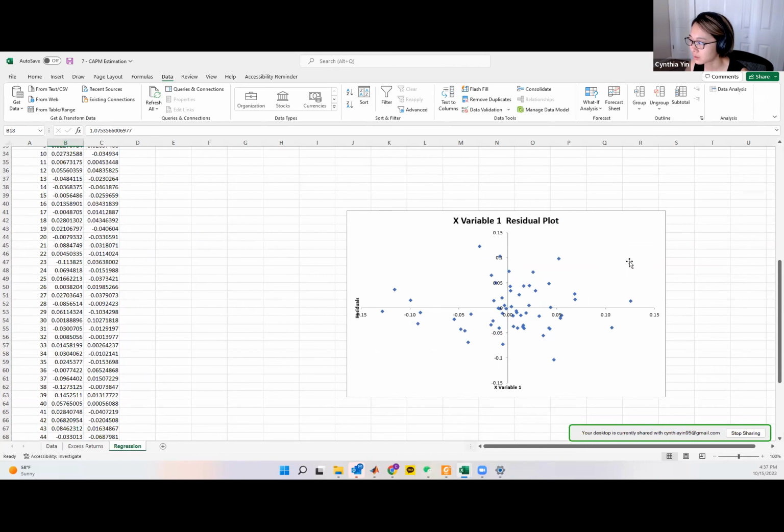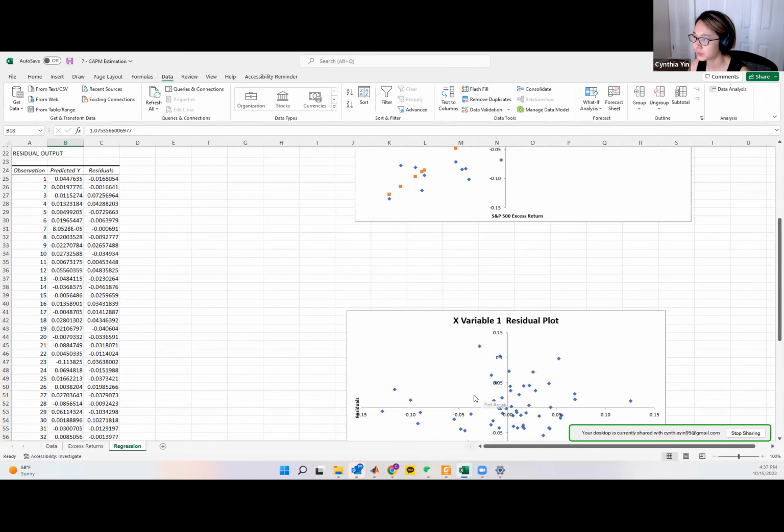In the second plot, the X variable is the Google return, and it plots all the error terms from the regression. Some are above 0, some below 0, and overall it looks okay. On average, the residual should be 0. That's what is required by the regression model.